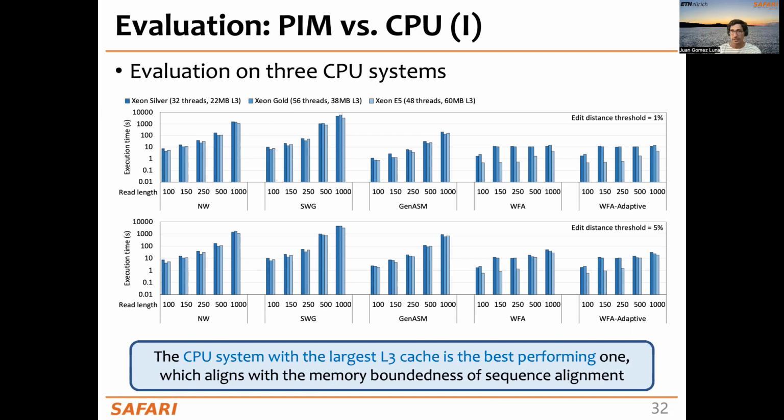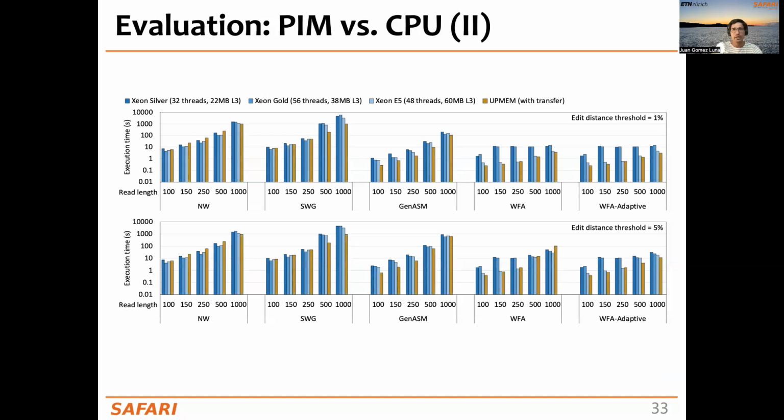That's an interesting observation because it aligns very well with the fact that these sequence alignment algorithms are memory bound. The larger the L3 cache, the more we can alleviate this memory boundedness. So it makes sense that the CPU system with the larger L3 is the fastest one.